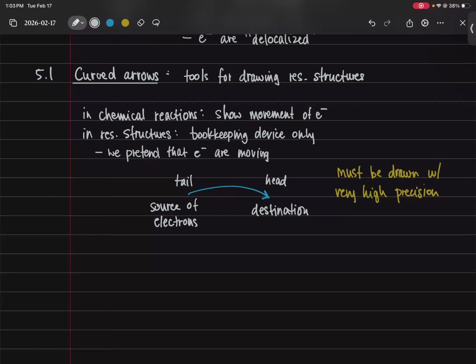Now, that's a very professory thing to say, I think, but you'll see that this is important because we might have two different parts of the molecule that are very close together, and when you're drawing an arrow from one of those two parts, it's really important that I, as the observer or anybody else, can tell exactly where the arrow is coming from and exactly where the arrow is going to.